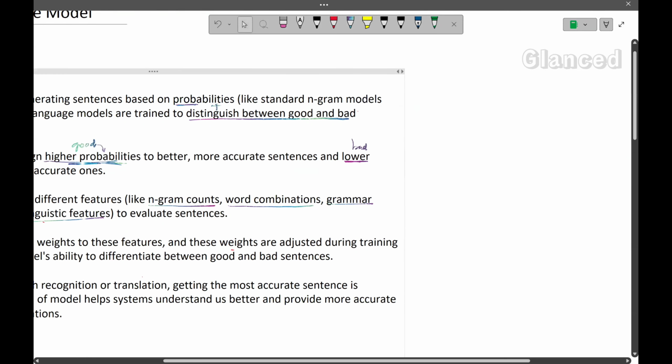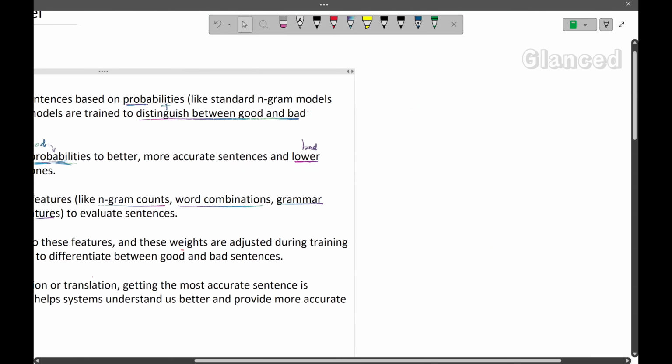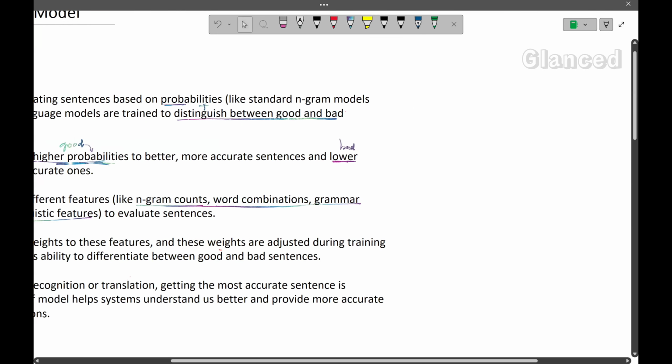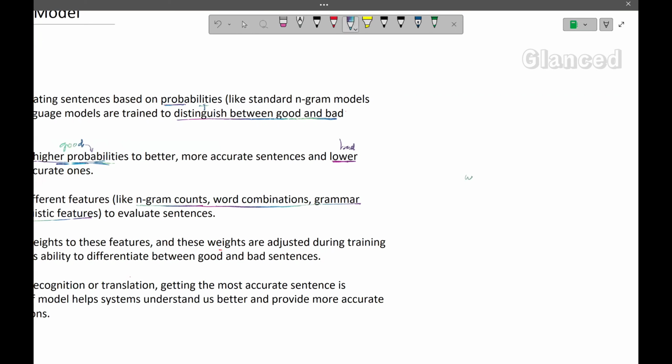How it actually happens: I've given these features right here, n-gram counts, word combinations, grammatical rules, etc. It will give some weights to these features, and then the language model will undergo the training process. During this training process, the language model will adjust these weights.